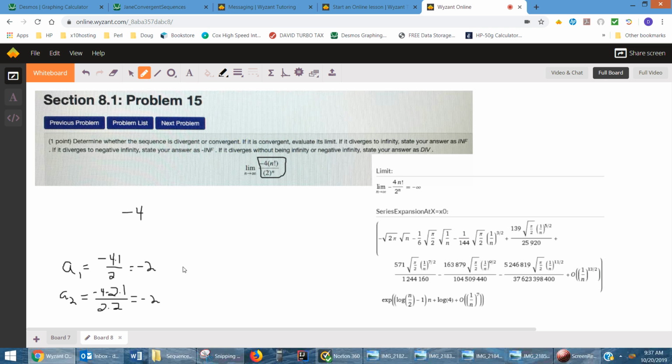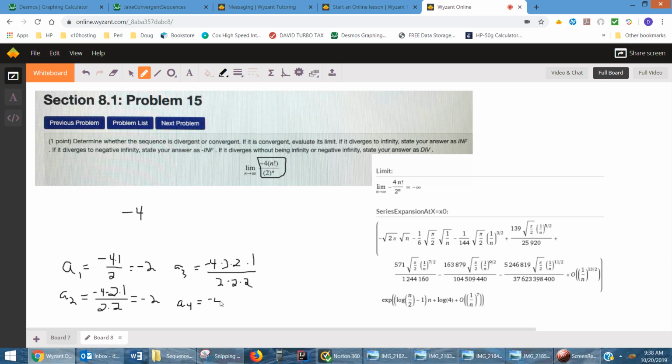And what's a sub 3? Well, it's negative 4 times 3 factorial, 3 times 2 times 1, over 2 to the third, 2 times 2 times 2. And by doing this, I'm starting to see what I might be able to do for a sub n.